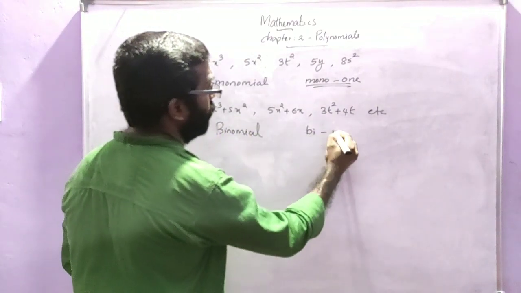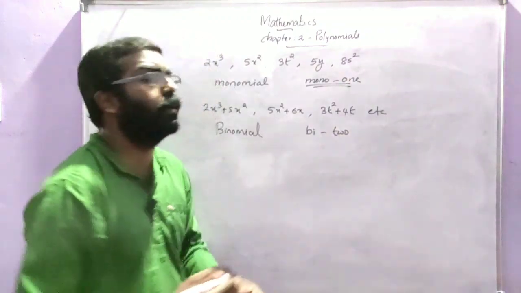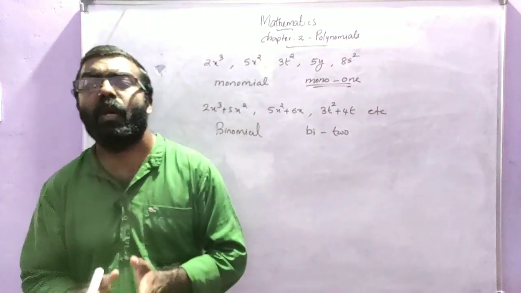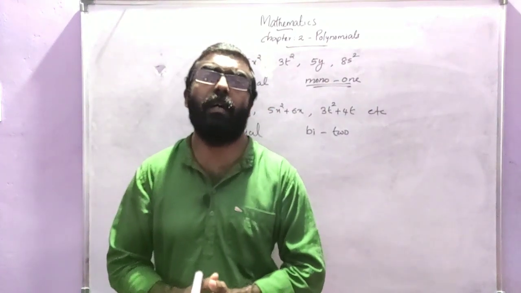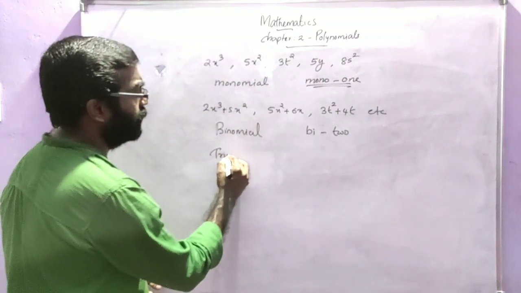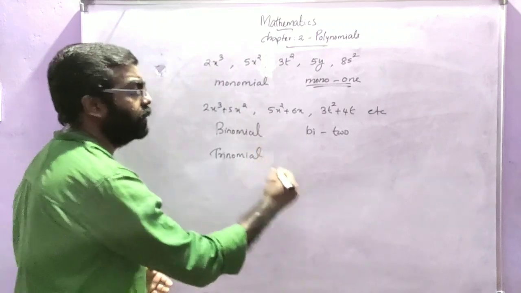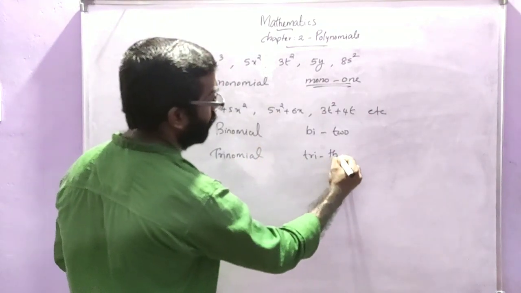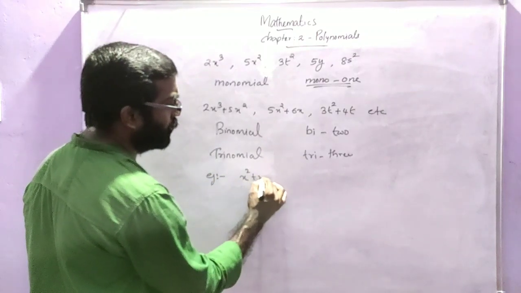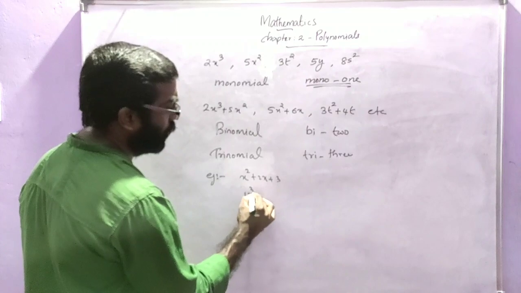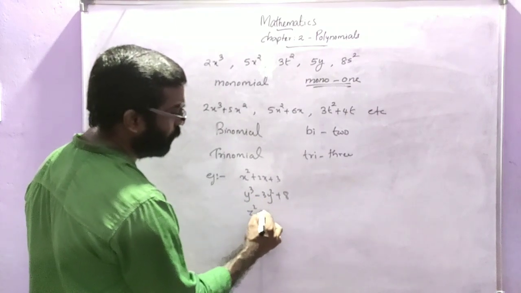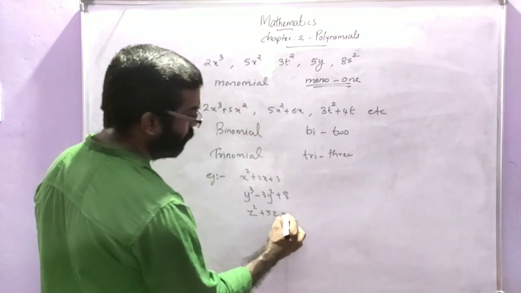Similarly, the polynomials having only three terms are called what? Trinomials. The polynomials having three terms are called trinomials. Tri means three. For example, trinomials examples: x square plus 2x plus 3, y cube minus 3y square plus 8, z square plus 5z plus 2.